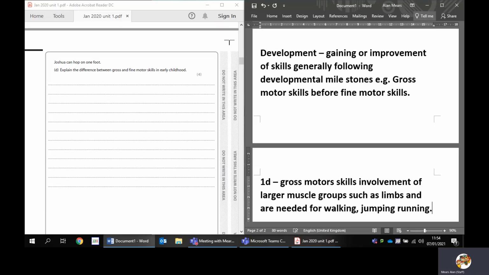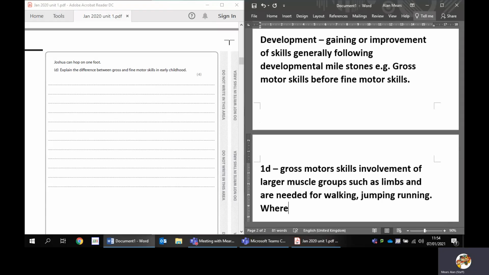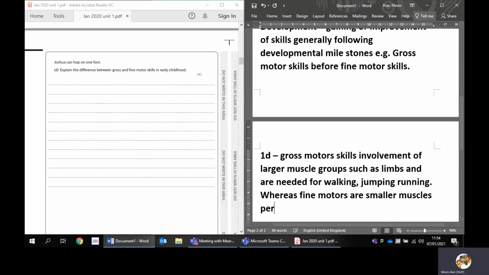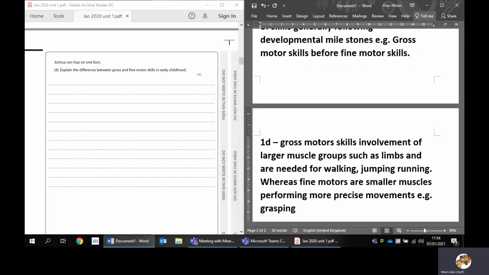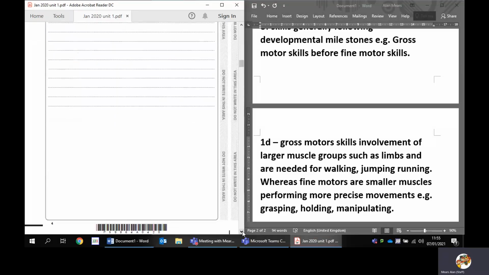Whereas fine motor skills are smaller muscles performing more precise movements, e.g. grasping, holding, manipulating. As I say, if you're ever unsure, throw in some examples to demonstrate what you are talking about. Okay, there we go. So that's 1D done.